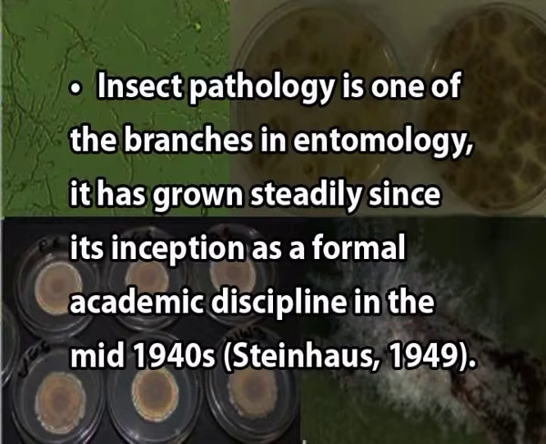Insect pathology is one of the branches in entomology. It has grown steadily since its inception as a formal academic discipline in the mid 1940s. Several researchers have contributed to the field of insect pathology. Lacey in 1997 detailed techniques for the study and implementation of entomopathogens.